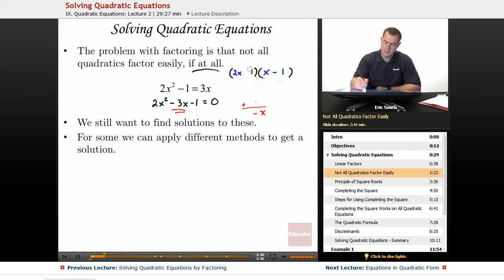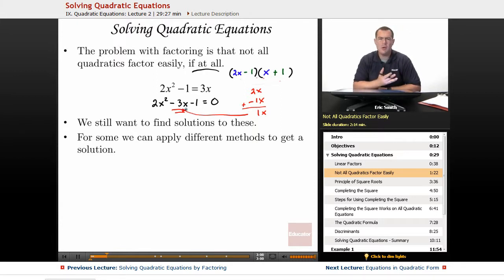Maybe this needs to be a negative 1 and the other one needs to be a positive 1. Well, let's try that one out and see if it turns out any better. So on the outside, we have a 2x, inside negative 1x, those combine to be 1x, and unfortunately, still not the same as our middle term.